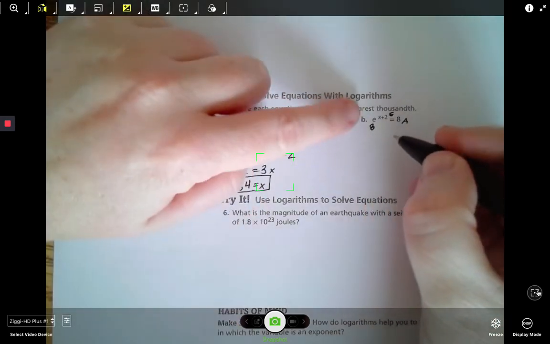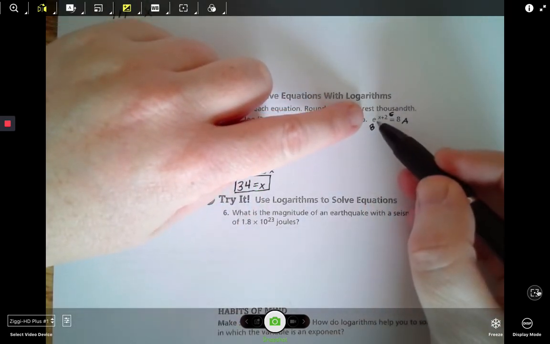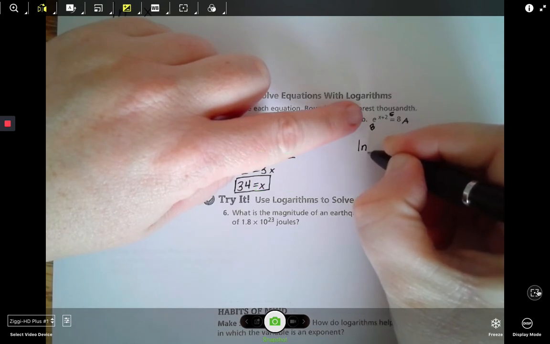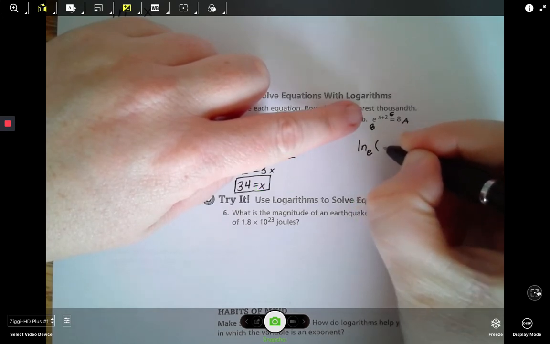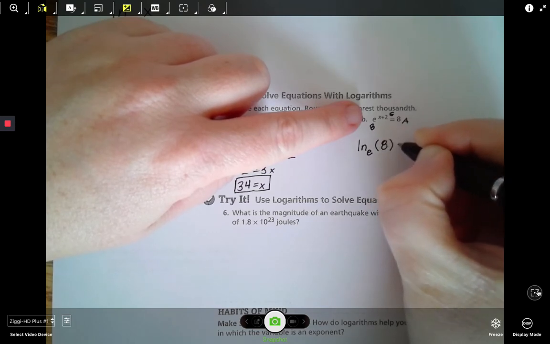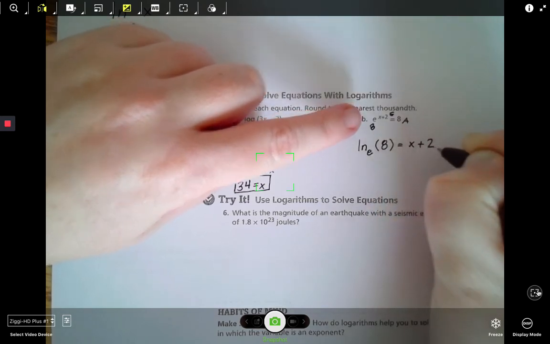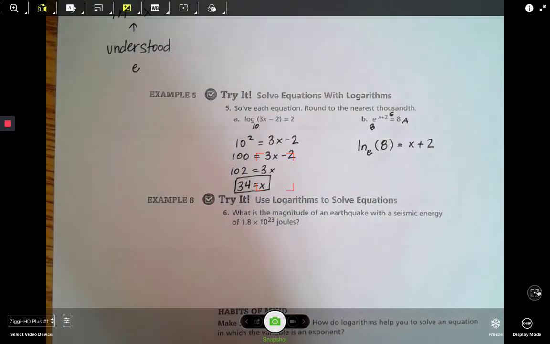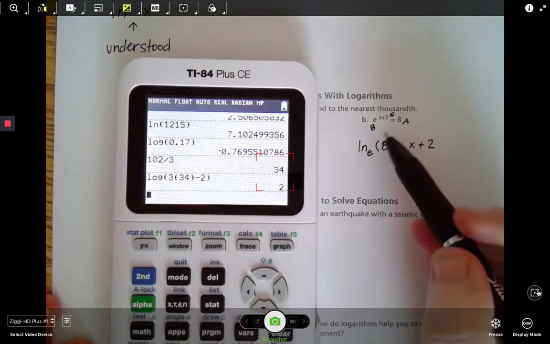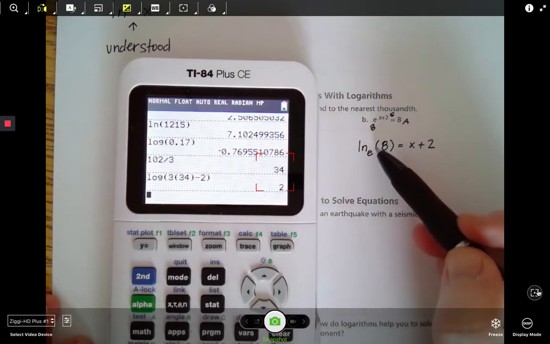If my base is e, I know it's the natural log. So the natural log of 8 is equal to x plus 2. Because my base was an e, I knew that it was the natural log.